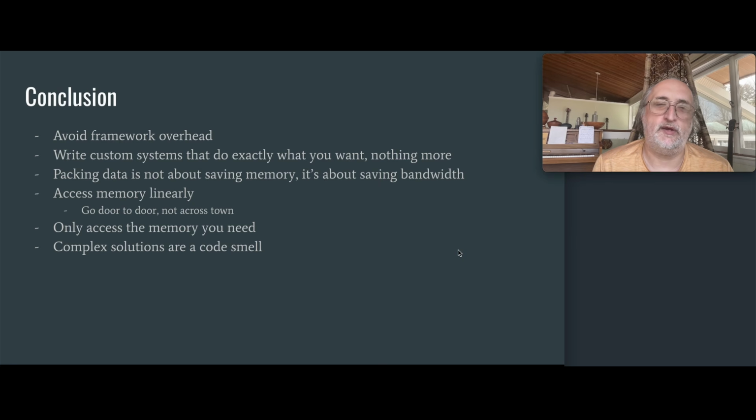So when you write systems, a lot of times you really just want to write exactly what you want. People get into this whole thing about extensibility and what if a customer needs to add a new type of shape or whatever. A lot of times it never gets used. It's only used internally by the same programmer who wrote it.